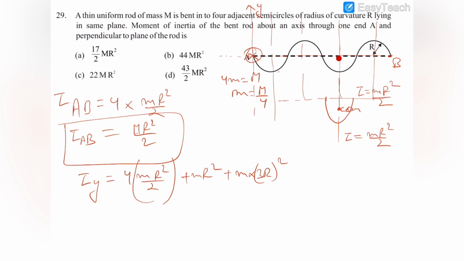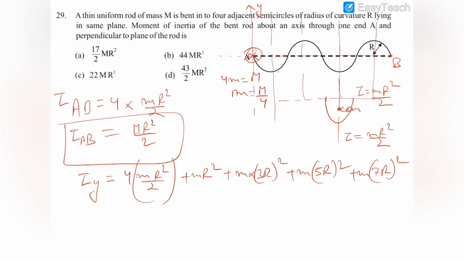This distance is r and r, 5r, so we write m into 5r whole square. Similarly, for the last one, this is r and r, 4r, 5r, 6r, 7r. So it is m into 7r whole square.